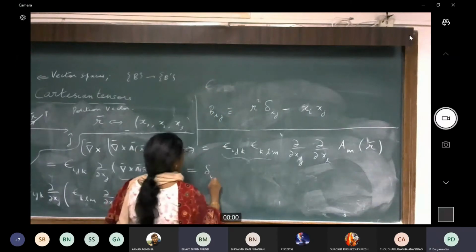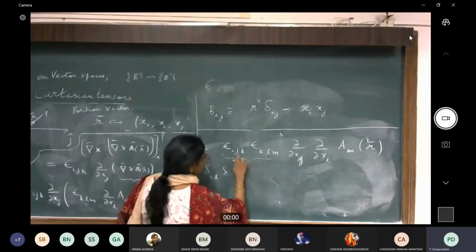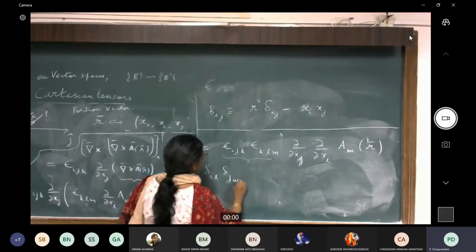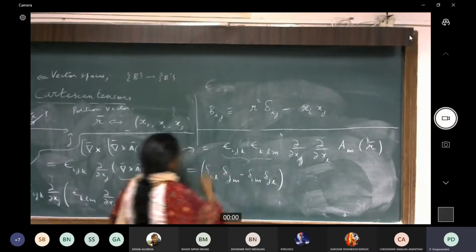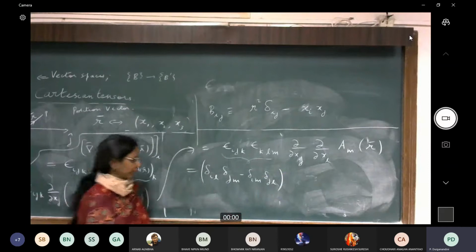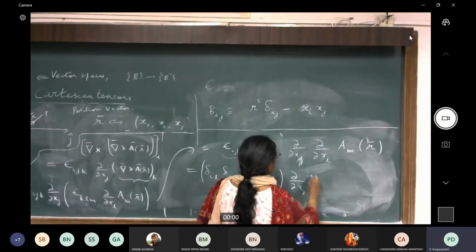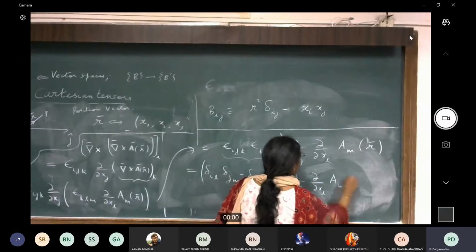Okay, very good. So this I've written last time also. So i with l and j with m. k is being summed over, so I will not get anything there. So this minus delta_im delta_jl. This is an identity I gave you yesterday, or in fact 2 days ago also. And also yesterday I demonstrated. Then I will get del by del x_j, del by del x_l, A_m of r.